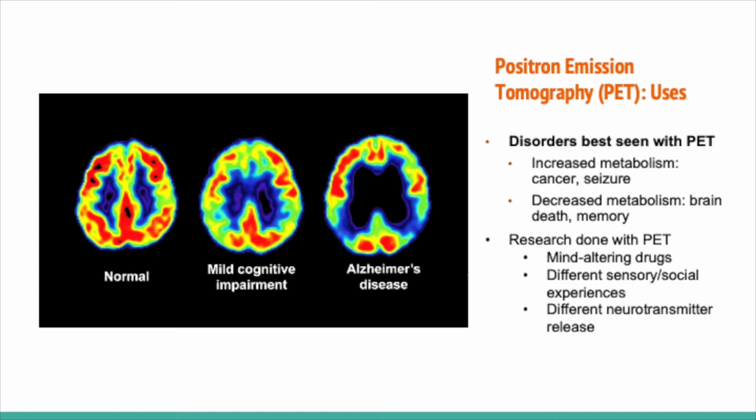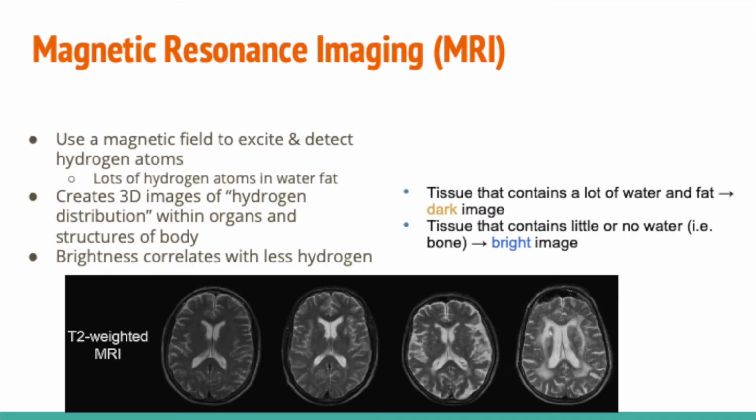This research is all being done right now with PET scans, looking to see how mind-altering drugs or different sensory or social experiences can lead to various metabolism differences within the brain. Along with that, we can also look to see if there's a difference in neurotransmitter releases in different patient brains through PET scans.